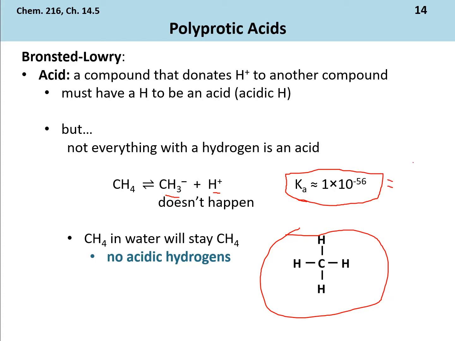What does that mean? I have very little H plus in comparison to CH4. So small it doesn't even happen. So CH4, we would say it has no acidic hydrogens. The reason why CH4 has no acidic hydrogens is because of the chemistry, and you'll learn more about this in OChem.